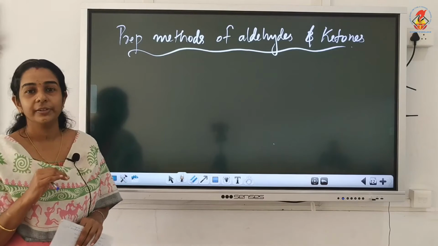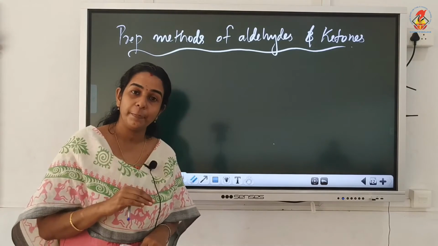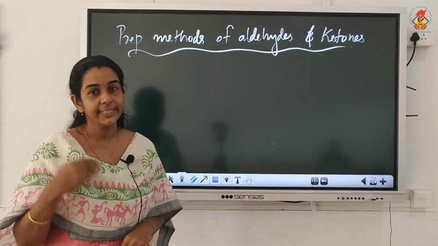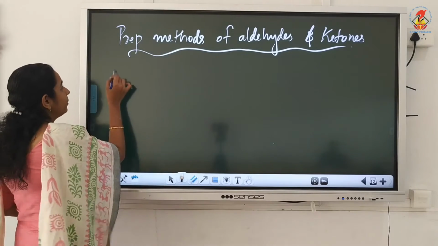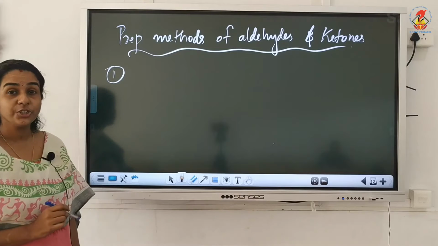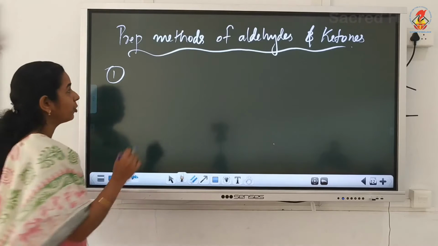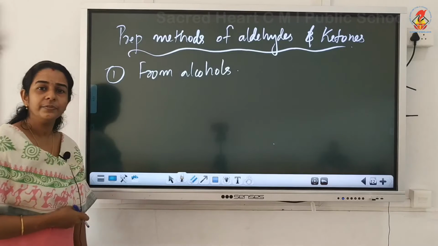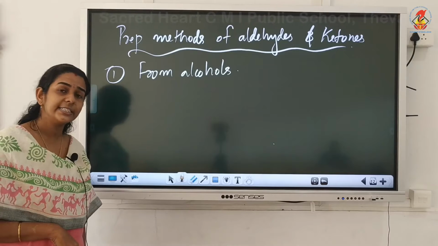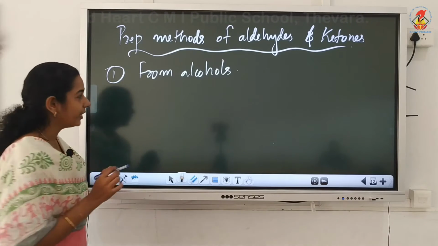There are a few methods by which we can prepare both aldehydes and ketones. So, which are the methods? Number 1, preparation of aldehydes and ketones from alcohols. How can we convert alcohols to aldehydes and ketones? Let us take a very simple example.